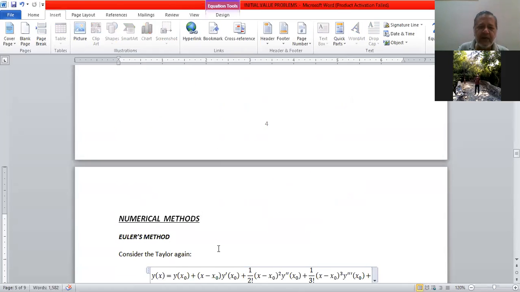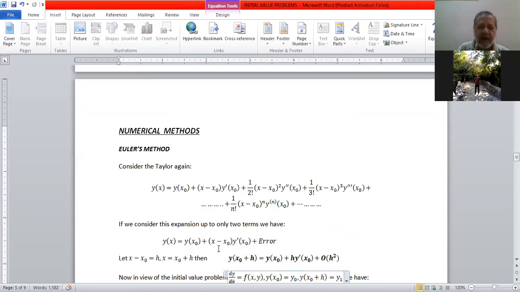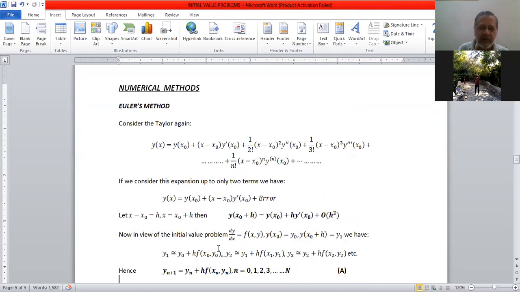But we start with numerical method with the easiest one, of course. When we start some class of method, study the class of method, we in fact start with the simplest and then we build upon that. So the simplest of the numerical method for solving an initial value problem is Euler's method.